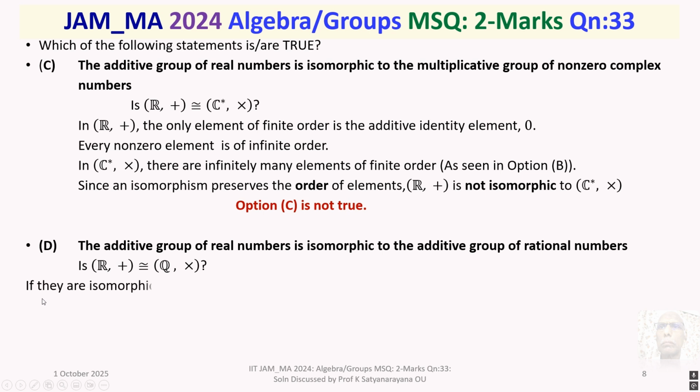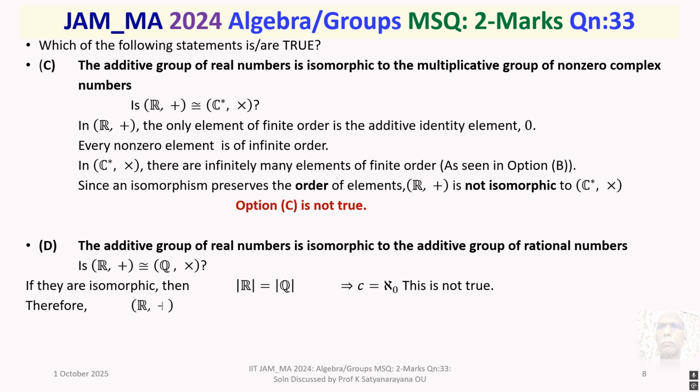So if they are isomorphic, then there is a bijection from R to Q. Therefore, the cardinality of R must be equal to the cardinality of Q. That is, the cardinality of R is c, the continuum, and the cardinality of Q is aleph naught. c is uncountable, aleph naught is countable, and c is strictly greater than aleph naught. This is not true.